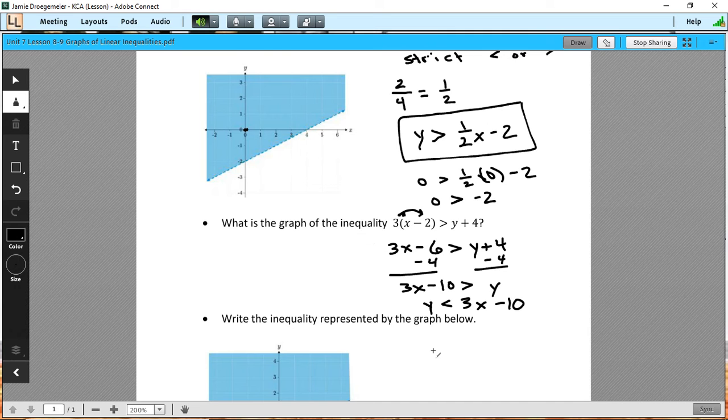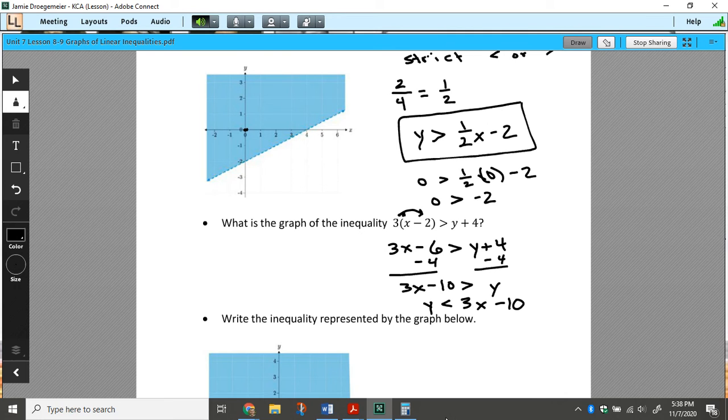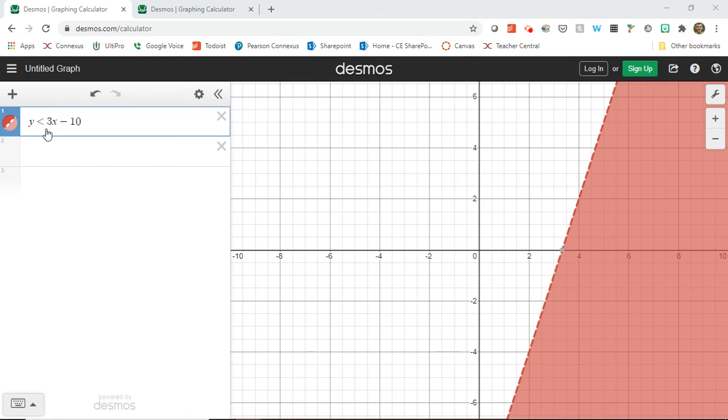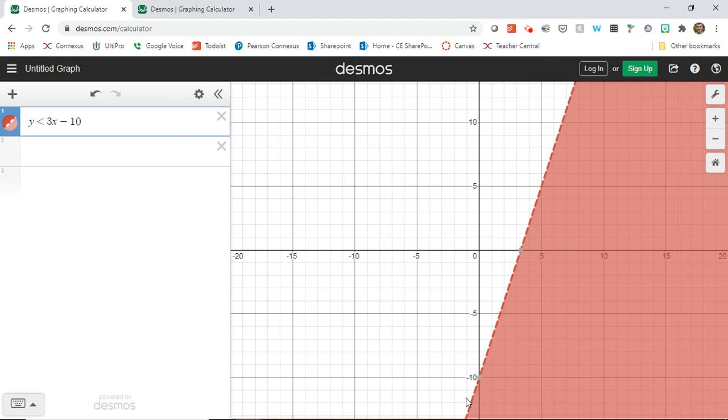And so I did go ahead and put this into Desmos so we could take a look at that. Let me pull that up here. So y is less than 3x minus 10. Let me zoom out a little bit so we can see there's our y-intercept of negative 10. A slope of positive 3 means I go up 3 and to the right 1 for each, or to get to each point.